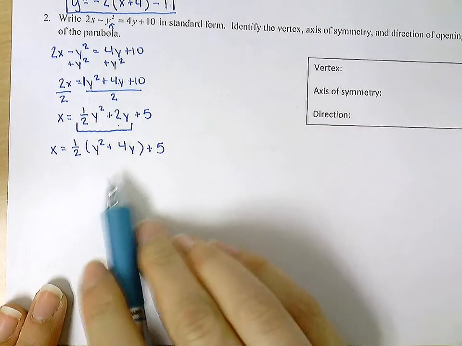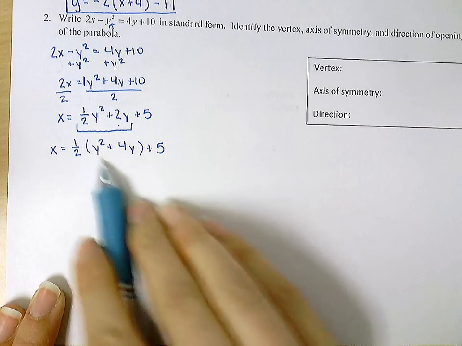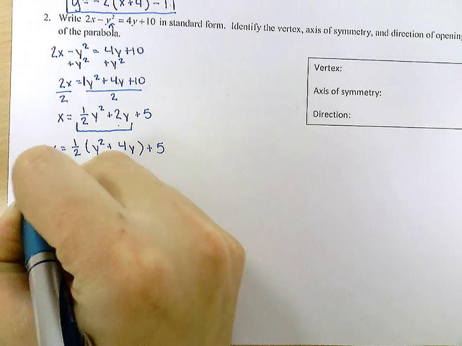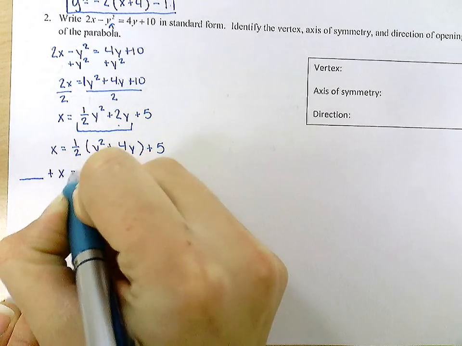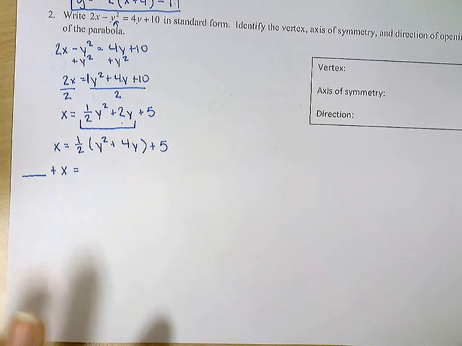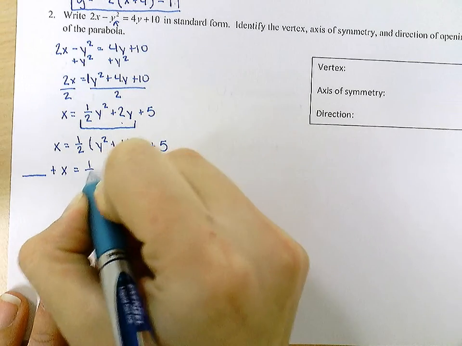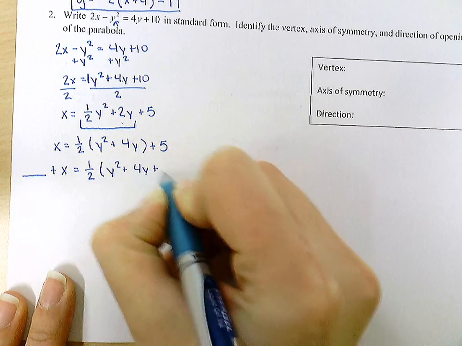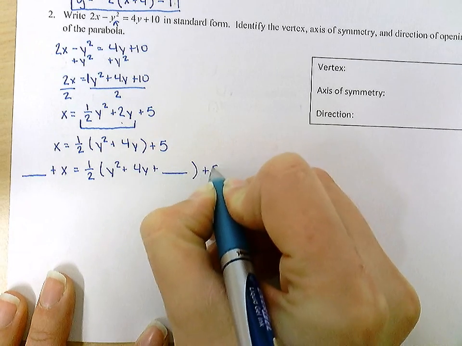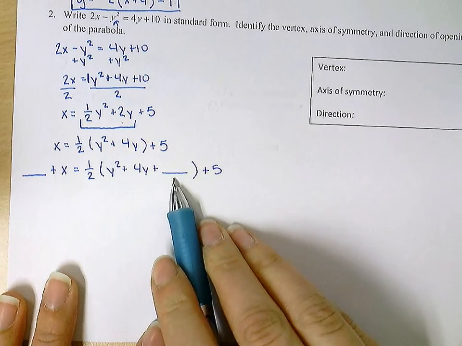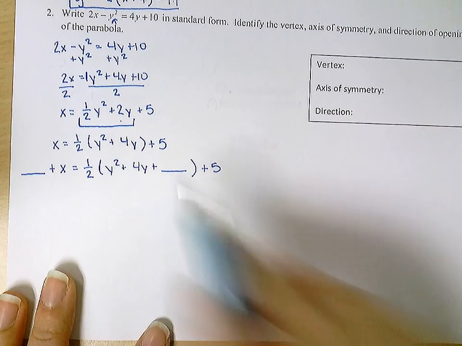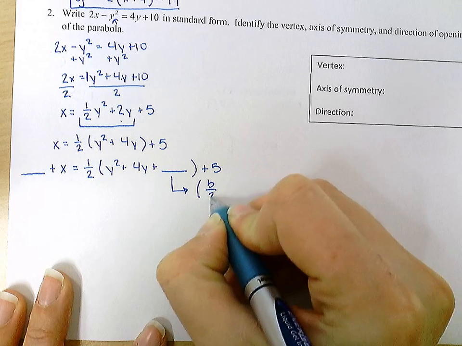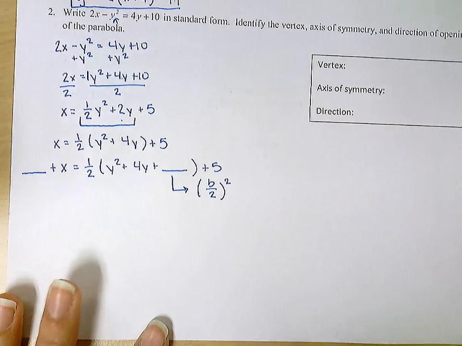Okay, next, this is where I need to add something to this quantity to complete the square. Whenever I add something to one side, I have to add it to the other, so I add in these blank spaces here. And again, to get this value, we're taking b over 2 and squaring it.